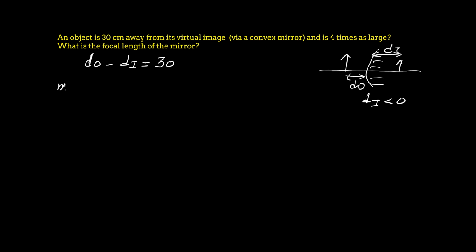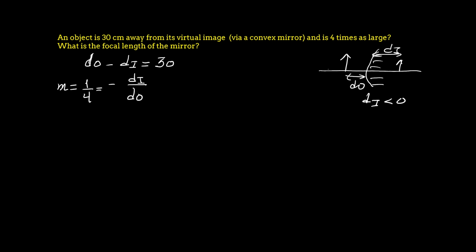But also we know that the image is 4 times as large. So the magnification is a quarter. That means the object is 4 times as large as the image. So this is going to be the negative DI over DO. The magnification is positive because this is a virtual image and it's upright.